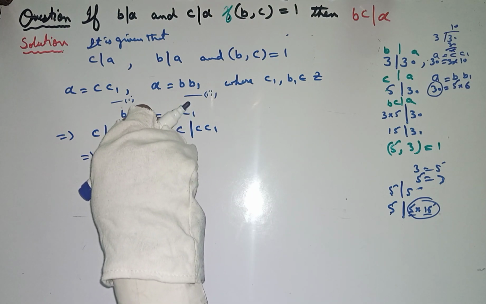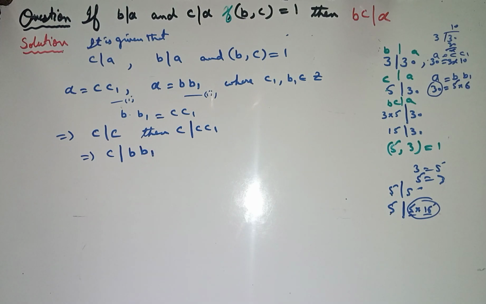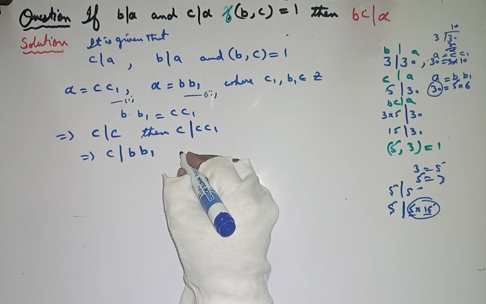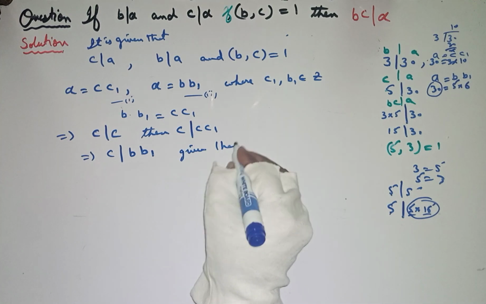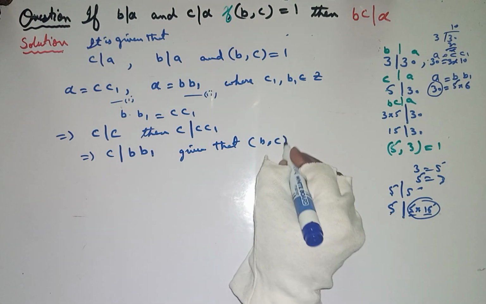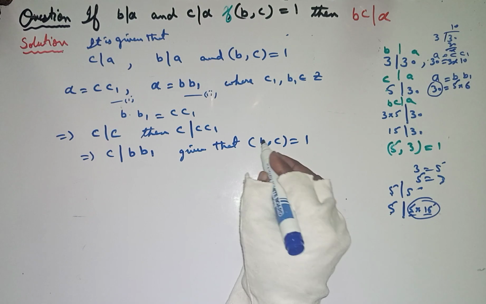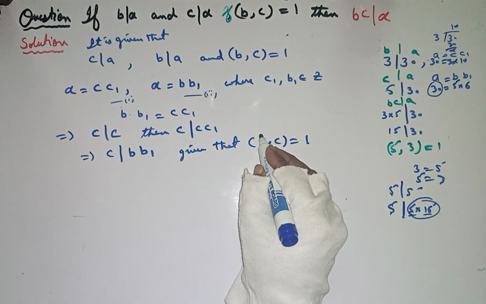Okay, this is B times B1, sorry. As you know, it is also given that B and C are relatively prime, they do not have any common divisor greater than 1.